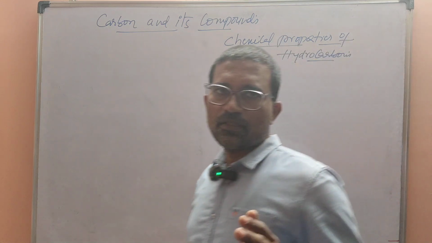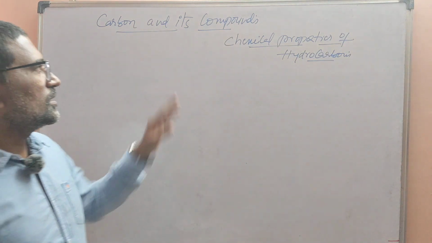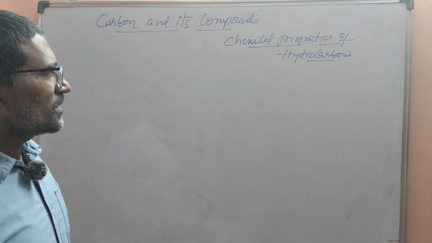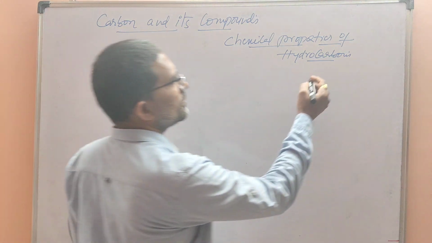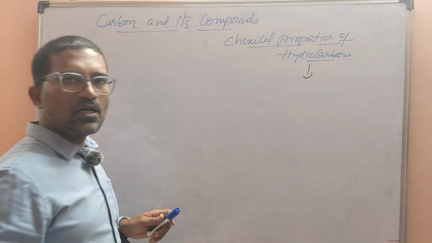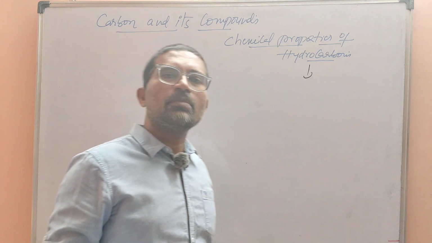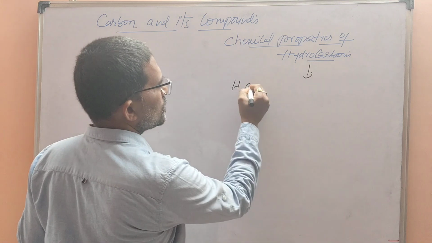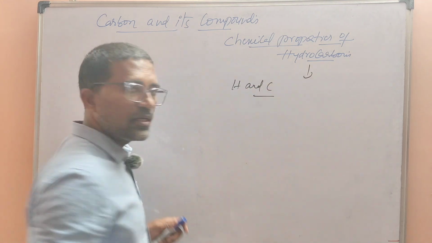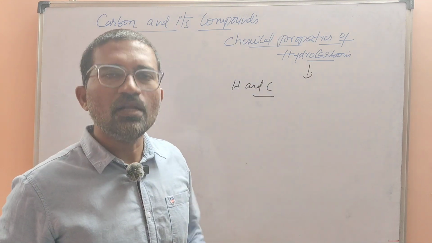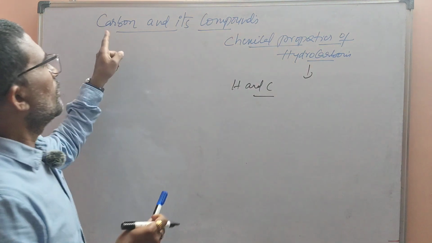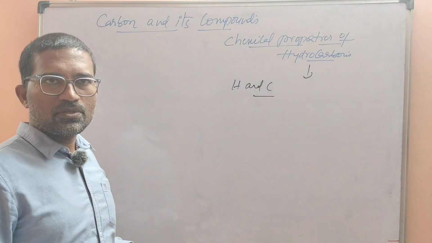Okay, let's start today's class about chemical properties of hydrocarbons. So what are hydrocarbons? I hope you all have a basic idea. Hydrogen and carbon containing compounds are called hydrocarbons. Or simply, what is the meaning of carbon compounds?